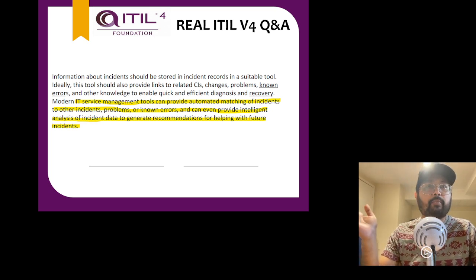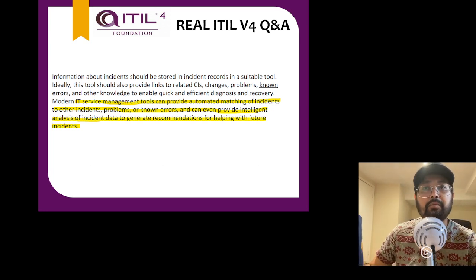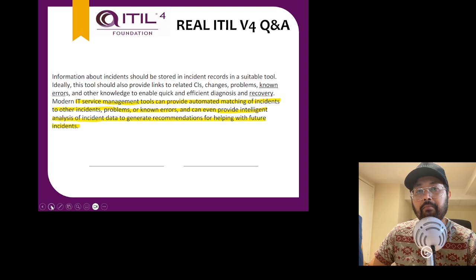Sometimes we can suppress this type of problem, considering it's not major or has minimal impact. So this is actually what an IT service management tool does. They keep a record, match, and automate the IT incident management process.